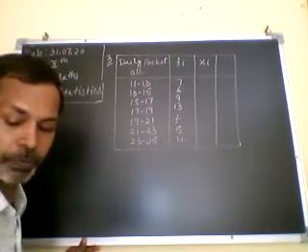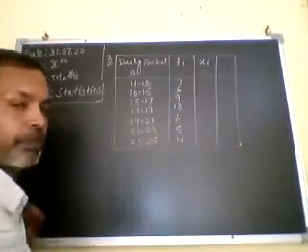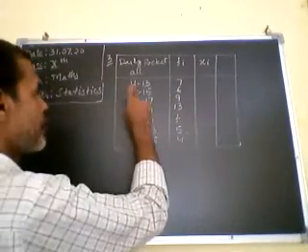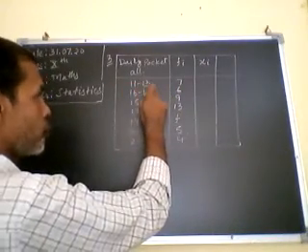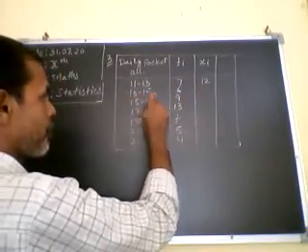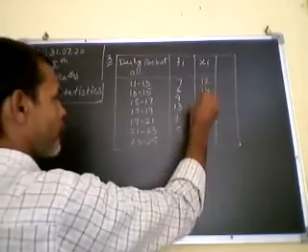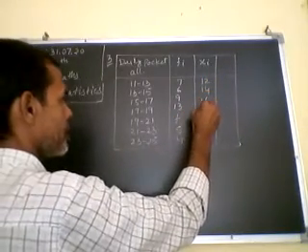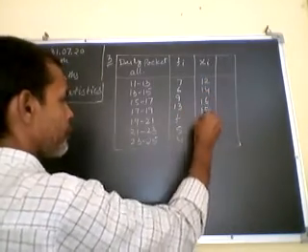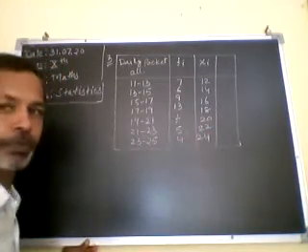First we have to find xi, the class mark. So 11 plus 13 upon 2 means 12. 13 plus 15 upon 2 is 14. So use the pattern: 12, 14, 16, 18, 20, 22 and last 24.